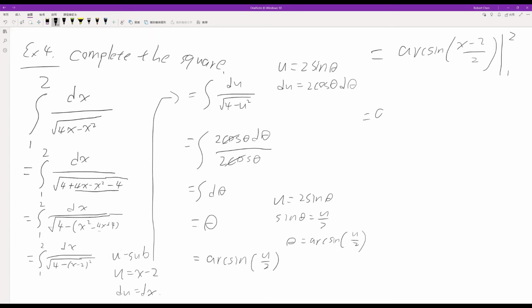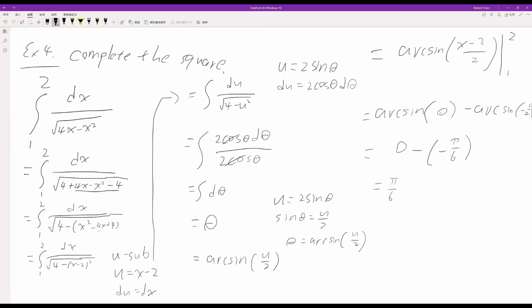So we have arc sine of 0, which is 2 minus 2 over 2, minus arc sine of negative 1/2. Arc sine of 0 is just 0, minus arc sine of negative 1/2, which is negative pi over 6, which gives me a positive pi over 6.